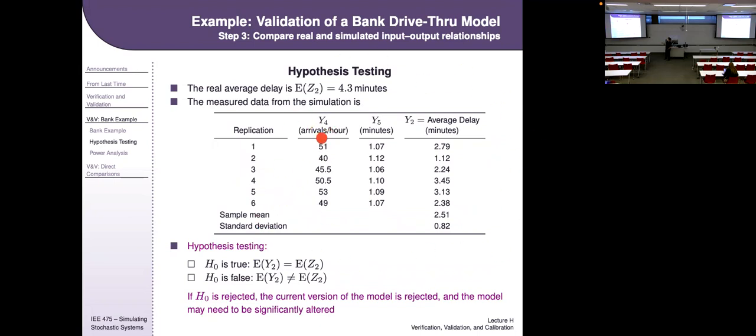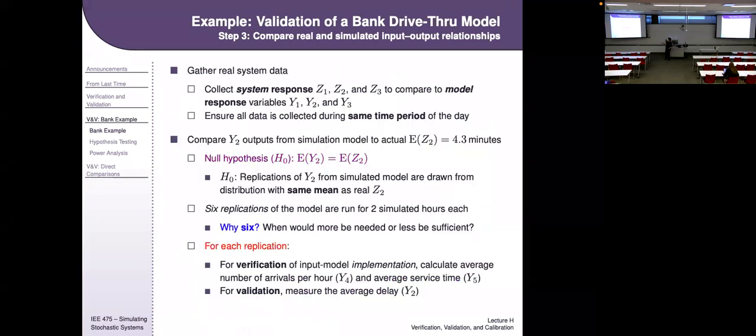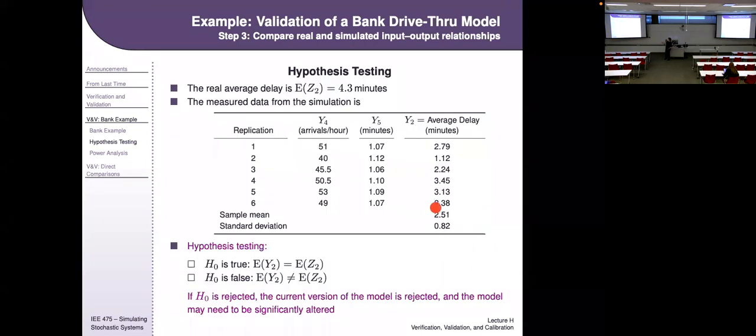These were my arrivals per hour from the first day I simulated, the second day, all the way up to the 6th day. Y2 was the average service time from that day, and so on. I expected these to have an average of 1 or so, and I expected these to have an average of 50, and I can confirm that.